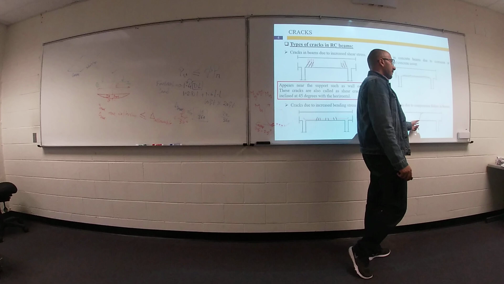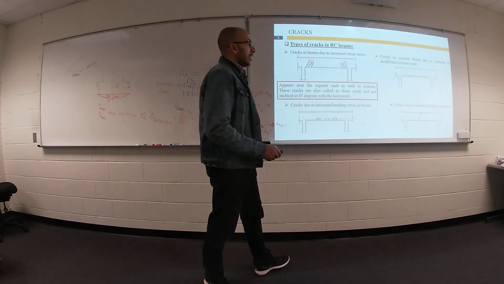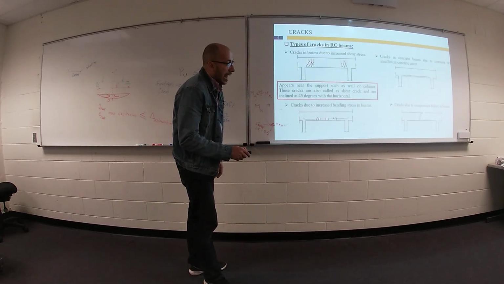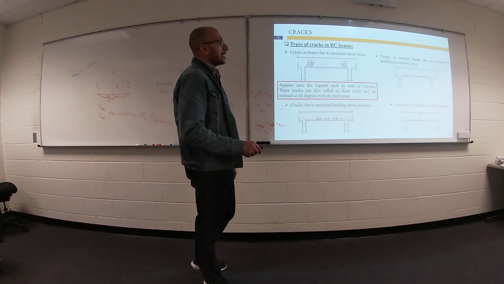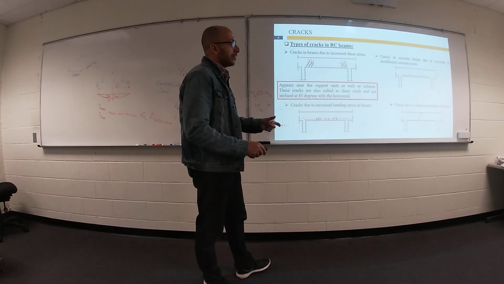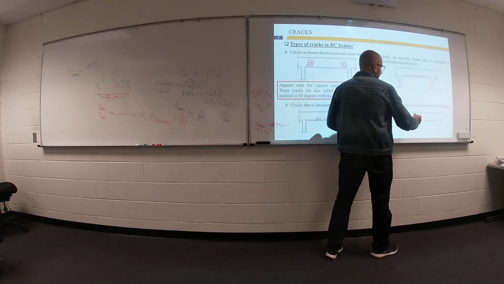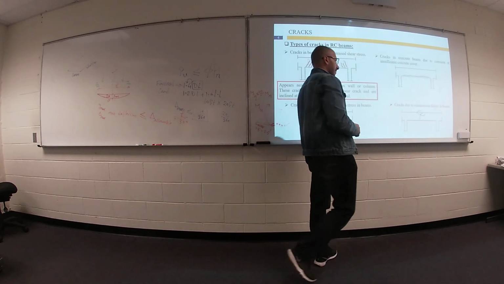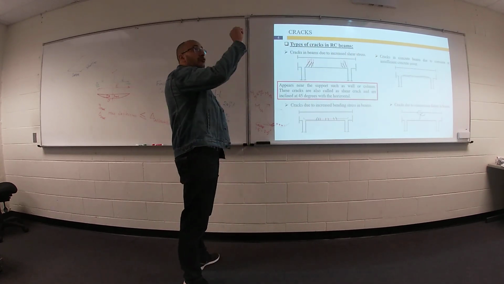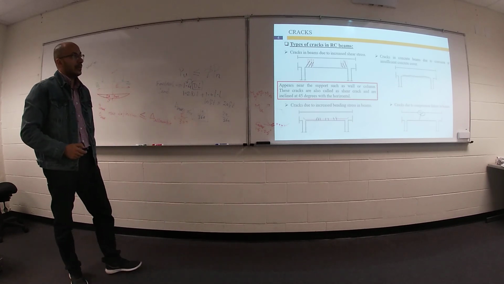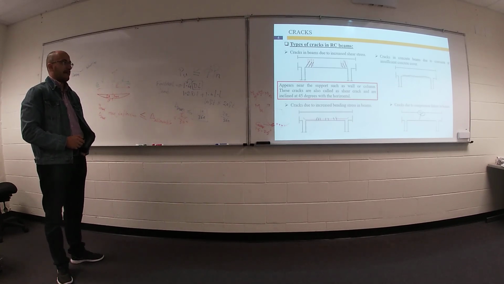The last one: if you have crushing at the top part of your beam and this crushing extends downward like this, that means we have crushing failure or compression failure in concrete. You have crushing failure at midspan in this area. You will find your concrete crushed. Any question?